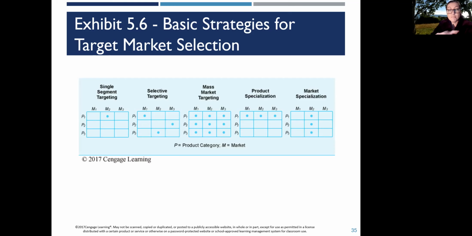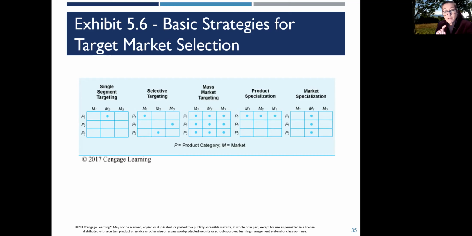So the second box there, you're selectively targeting 3 different segments, but for segment 1, you have one product and one marketing program to target that specific segment.